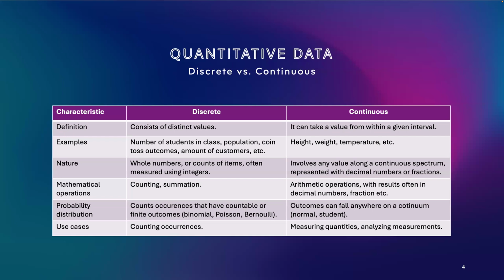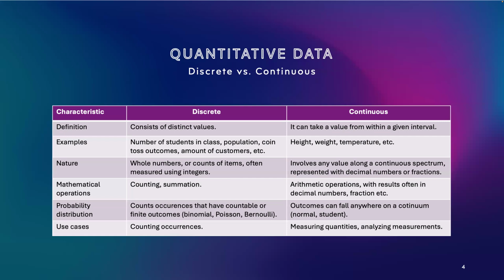If we look now at probability distributions, a discrete probability distribution counts occurrences that have countable or finite outcomes. Discrete distributions contrast with continuous distributions, so for continuous data, where outcomes can fall anywhere on a continuum.